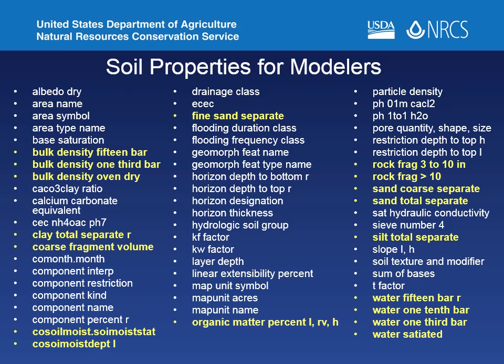And those that are in yellow are the soil properties that modelers use consistently. And you'll notice it's the bulk density, the separates, the organic matter, and then your water content. And the water content was basically to get available water capacity.